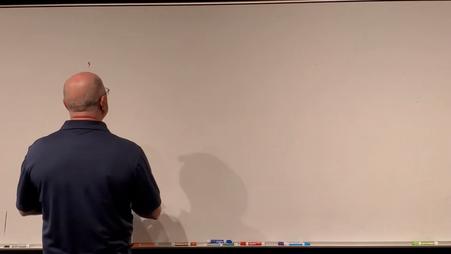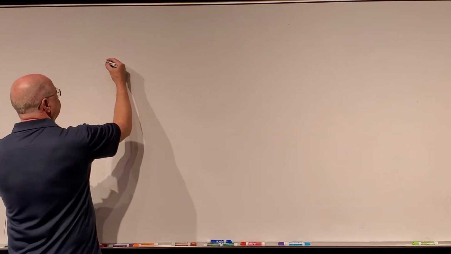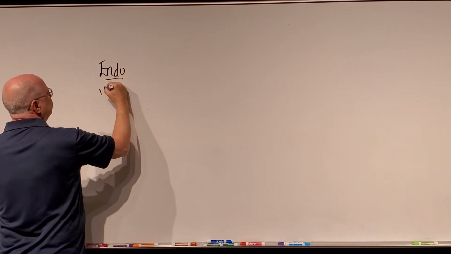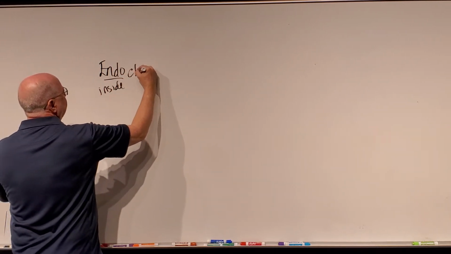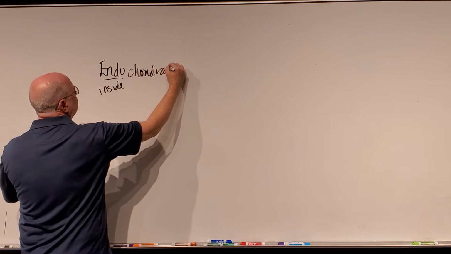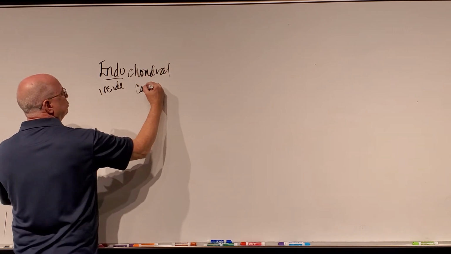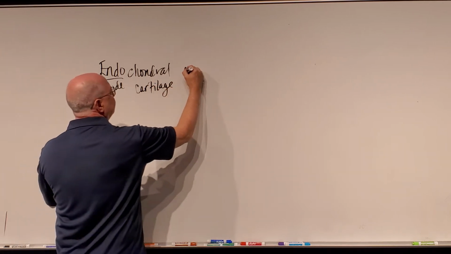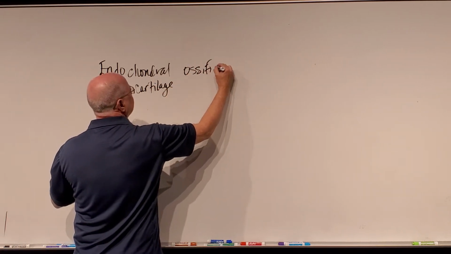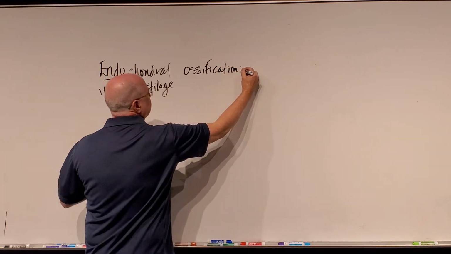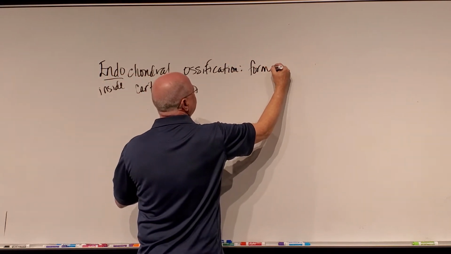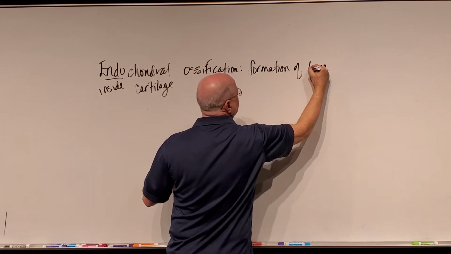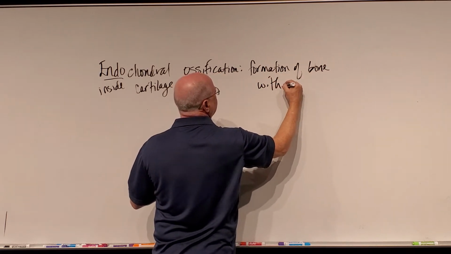If I look at these two words, endo means inside, and chondral, as you know, chond always refers to cartilage. So in endochondral ossification, this is the formation of bone within a cartilage model.